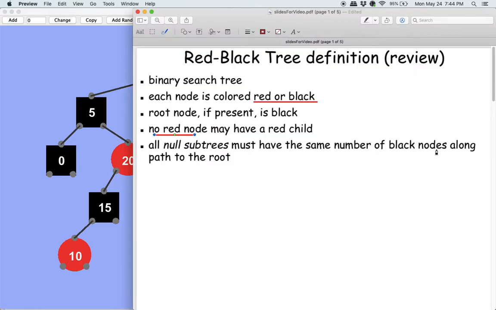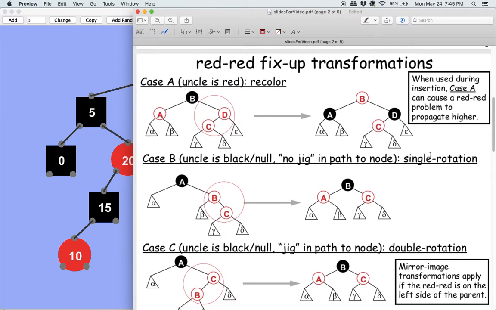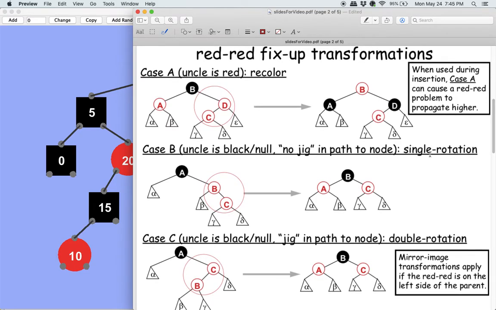Now, I presume that you have already looked at insertions, but I'm going to review the insertion fix-up rules. When we have red-black tree insertion, we insert a red node in a leaf position, but that may cause a red-red violation because the place it belongs may be connected to another red, in which case we have to do a fix-up.